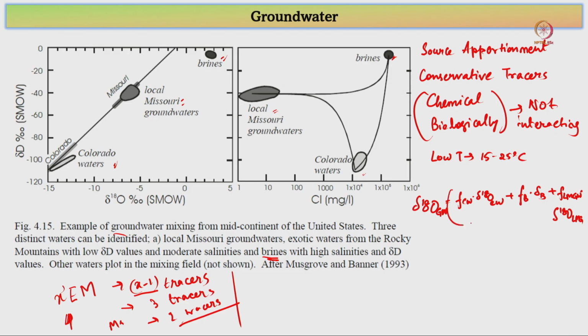So, this is my equation. Like that I will write my chloride equation also, that is my chloride mix, and I will write the final equation, that is the fractional contribution from Colorado water plus the fractional contribution from brines plus the fractional contribution from the local Missouri groundwater is all equal to 1 or 100%.